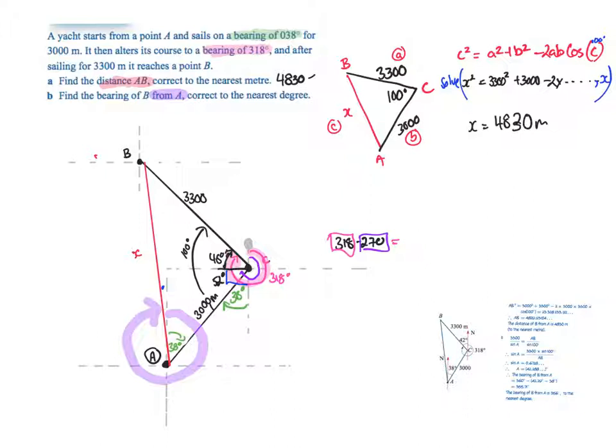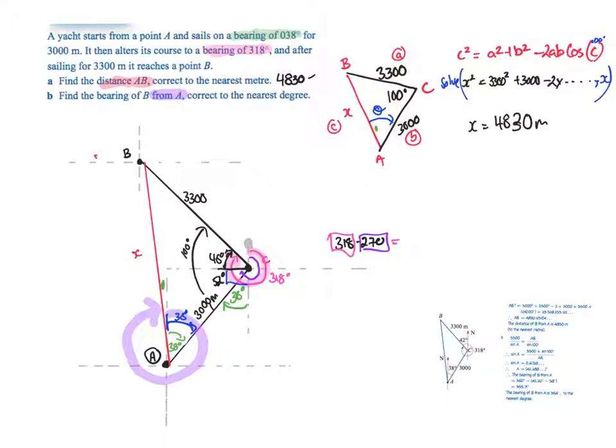That's just luckily because I've done a diagram that has come in like that. But we know from the north line to there is 38. If I find out this whole angle here, what I'm trying to find is this little bit in there, which is a little part of that.